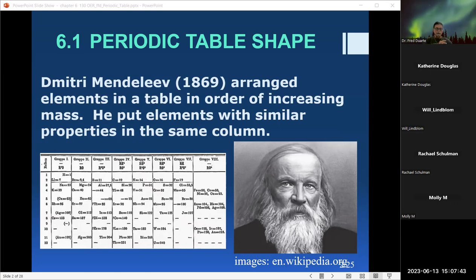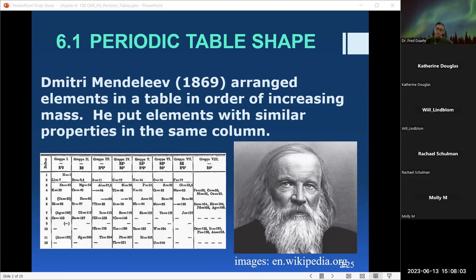He also had some holes in there, so he predicted based on this table some elements that would be out there. And sure enough, that sent scientists out looking for these missing elements. And eventually we filled them all up and we got 118 elements.